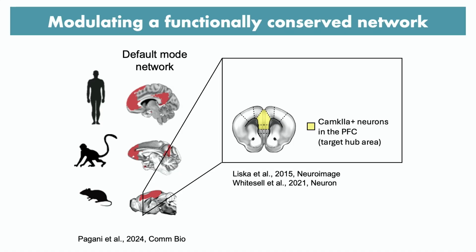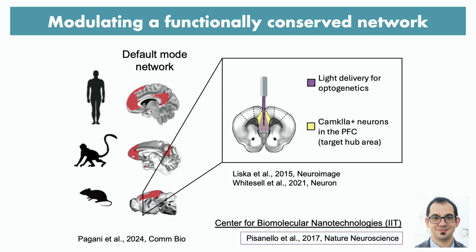Now, in order to stimulate this region, we turned to a collaborator of ours, Ferruccio Pisanello, and his team at the Center for Biomolecular Nanotechnologies at IIT, and he helped us devise a method for performing bilateral stimulation of the entirety of the prefrontal cortex using optogenetics with minimal damage to the surrounding tissue.